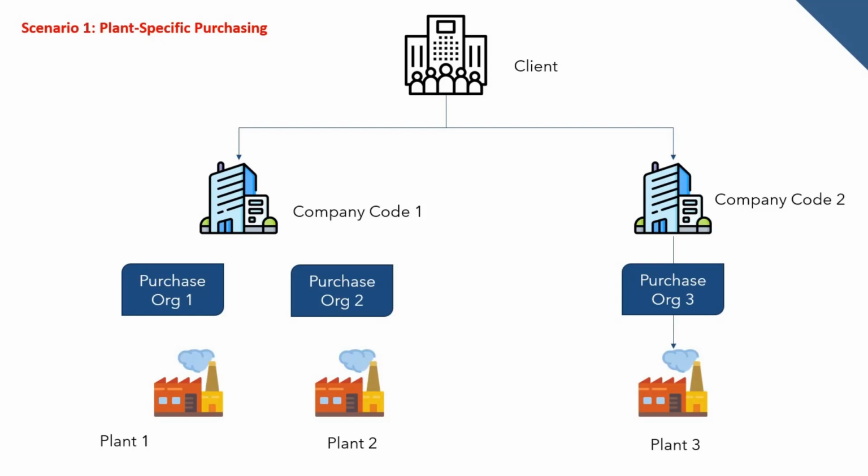So purchase organization 1 can't procure the materials for plant 2. Similarly, purchase organization 2 can't procure any materials for plant 1. So it's simple and straightforward. It's plant-specific purchasing. Purchase organization 1 is only going to purchase for plant 1. This you need to configure in the SAP module. Don't worry, I am going to show it hands-on for these different scenarios.